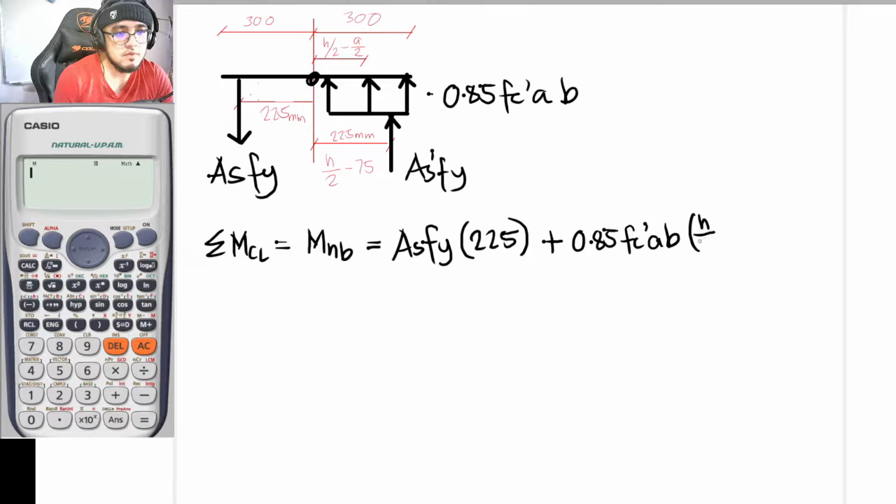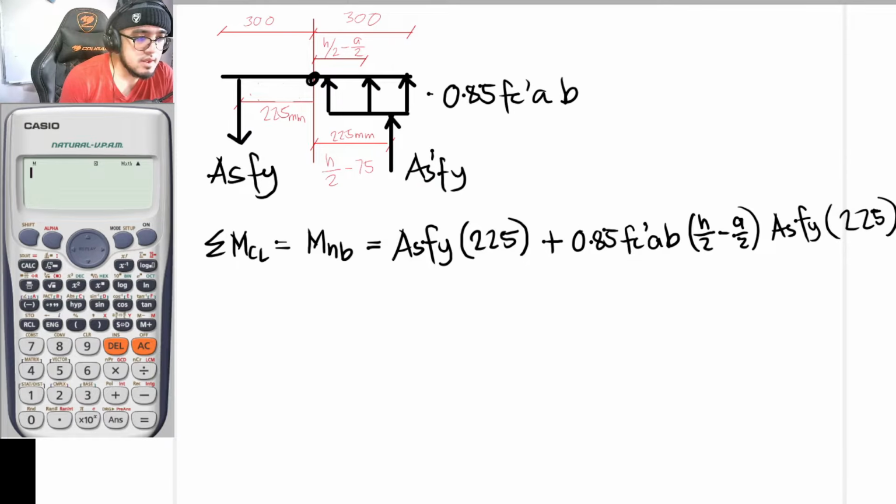So plus what is to be the moment induced by this, so that is now to be equal to A_s' f_s', which is basically f_y in this case, times our lever arm of 225.